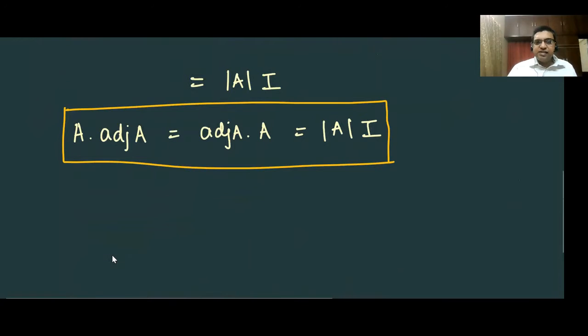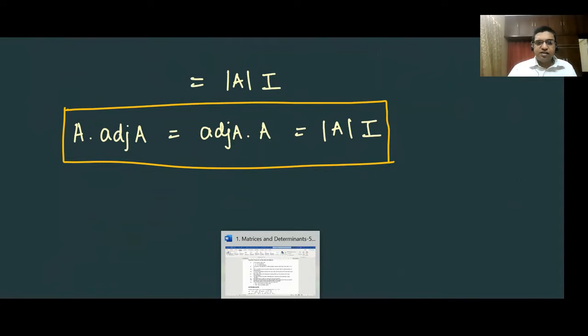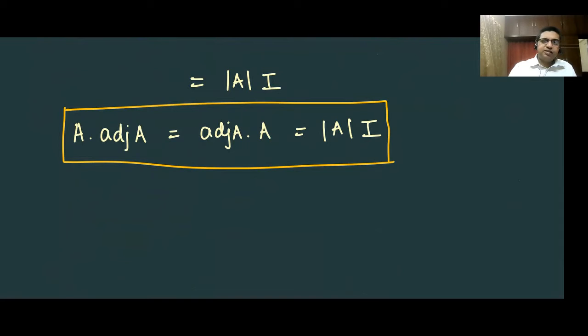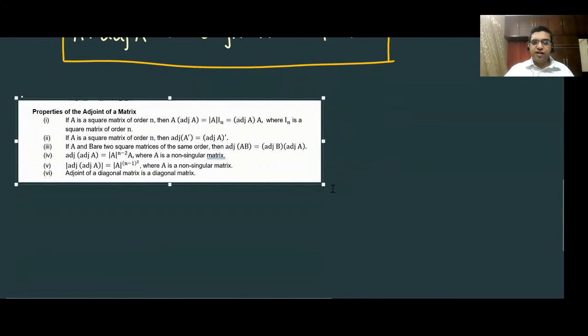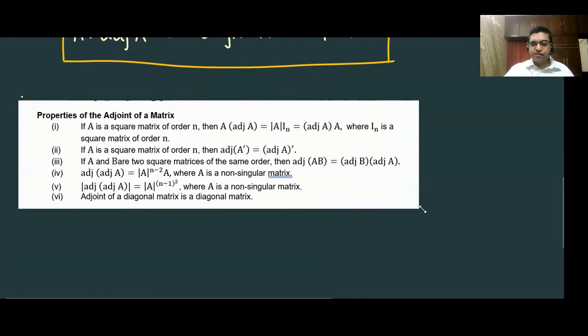So this is one of the fundamental properties of adjoint of a matrix, and there are other properties. This forms the most fundamental property. Okay, so these are the properties of the adjoint matrix.